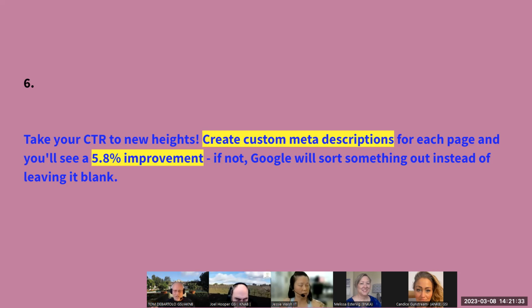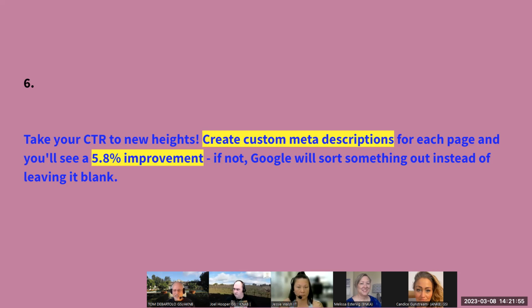So if anybody has a problem figuring out how to write a meta description, then get to your instructor and have them help you with it. Basically, the meta description is what you see when you do a search on Google and you see those little squares. It's a synopsis of your page.